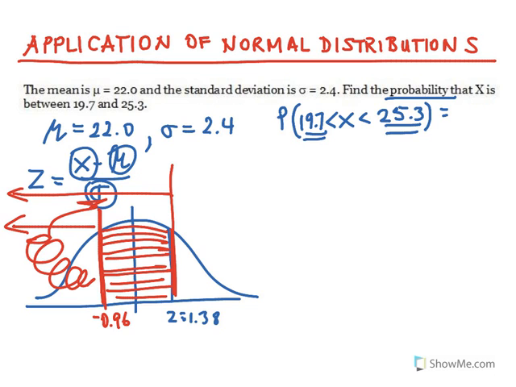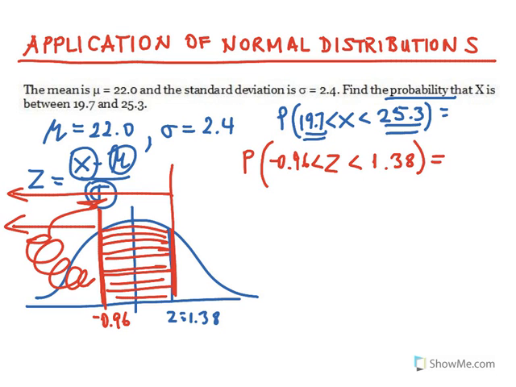Another way of writing this, P of x between these two values, is to write it as P of z between minus 0.96 and 1.38.